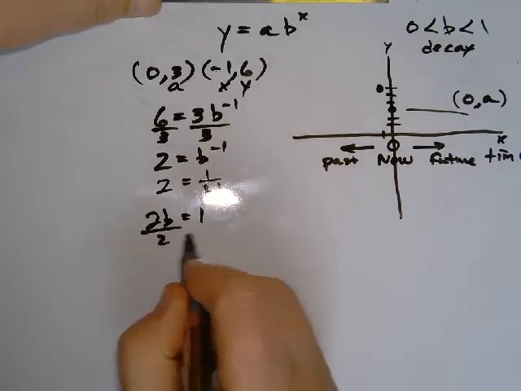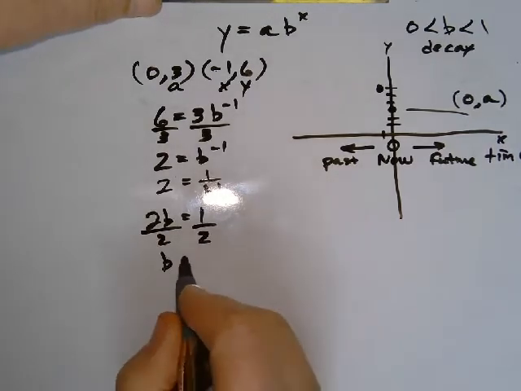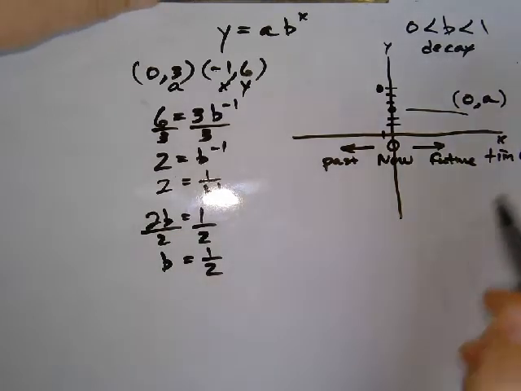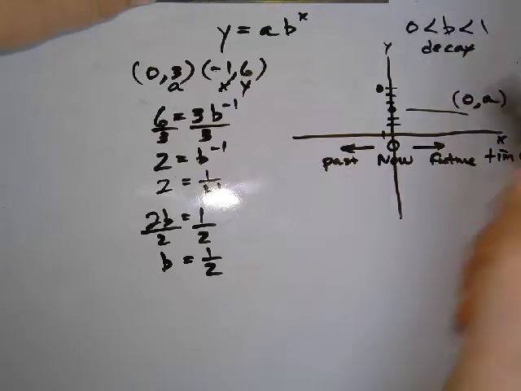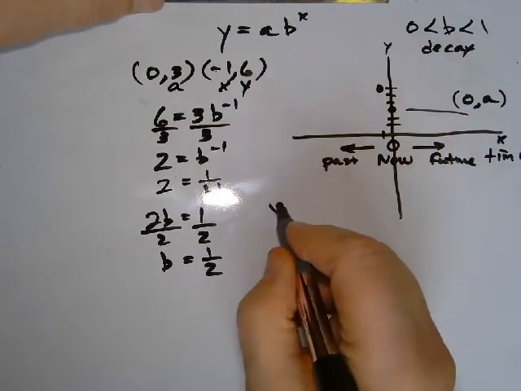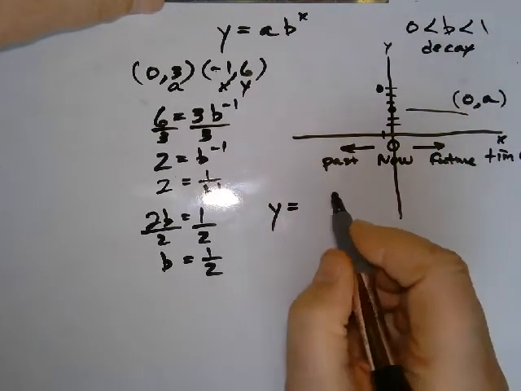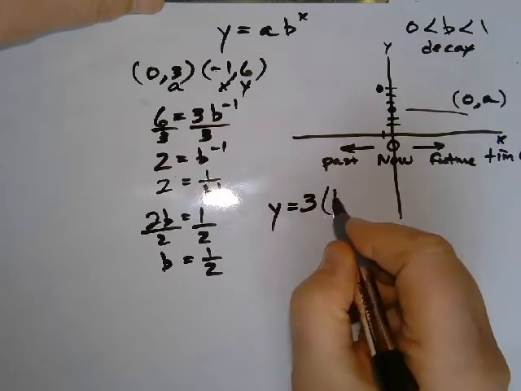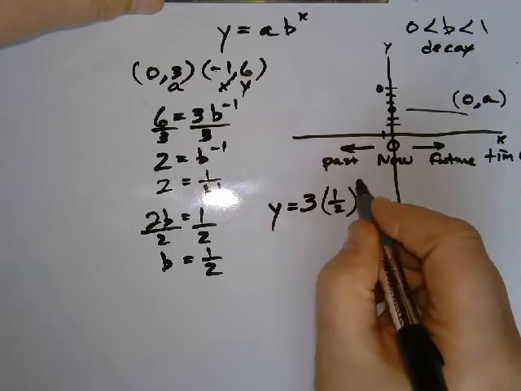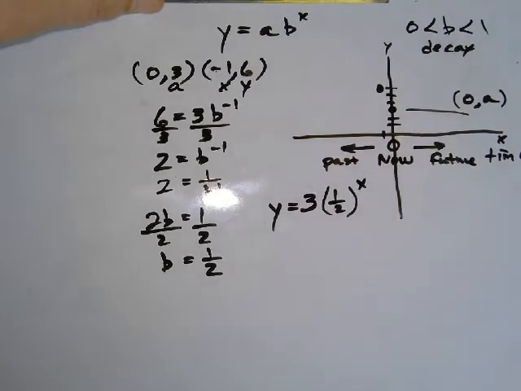And divide both sides by 2, and we discover that b equals 1/2. Well, that's what we figured. This looks like it's a fraction between 0 and 1. It's decay. So we know that our equation is going to be y equals the y-intercept of 3, a base of 1/2, and the exponent is x.